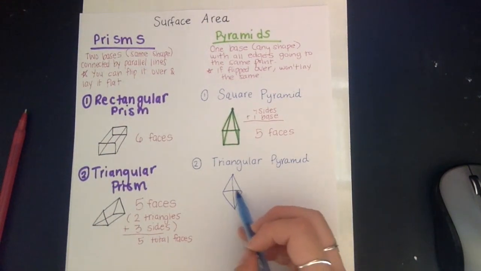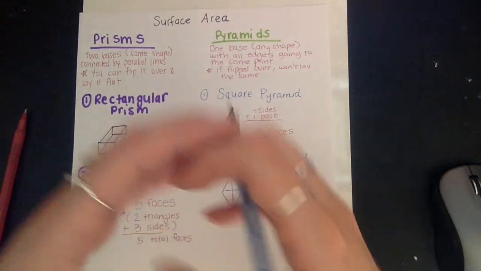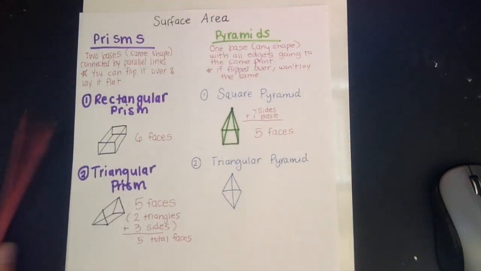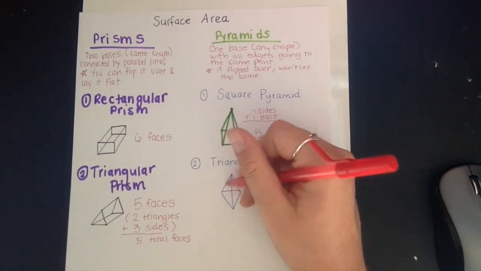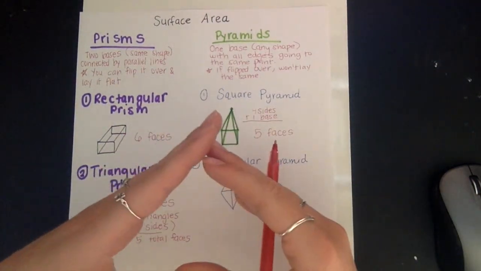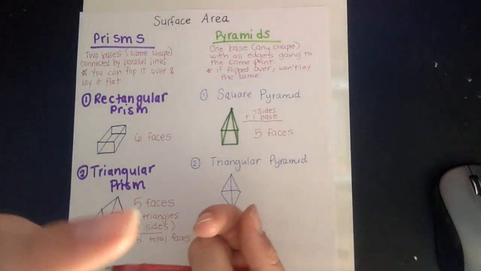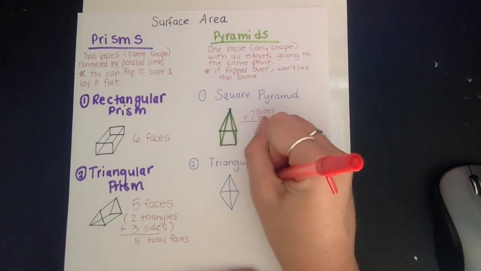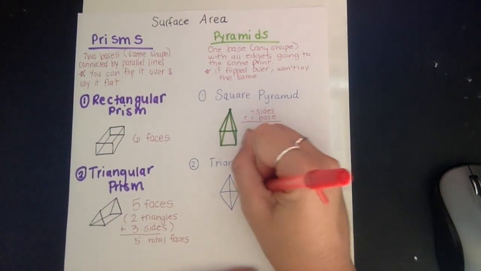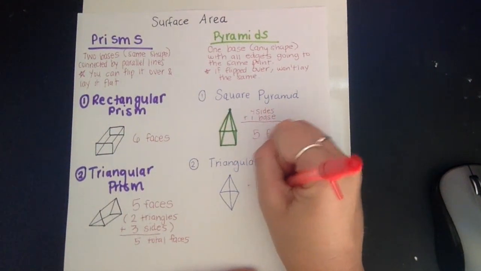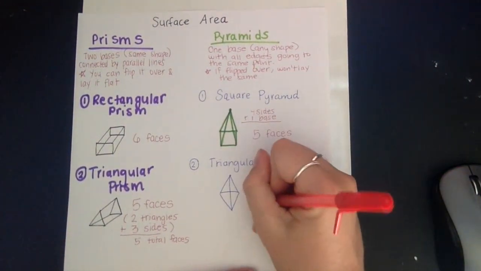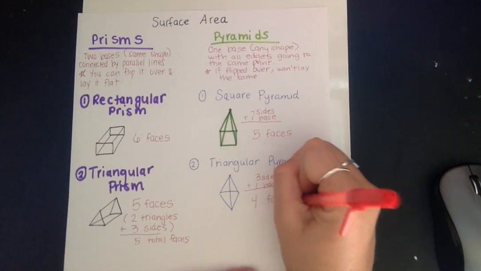So now I have a triangle with 3 sides going up to my point. How many sides are around? Well, a triangle only has 3 different sides. So if I have 3 sides going up plus 1 base, I know that a triangular pyramid is going to have 4 faces.